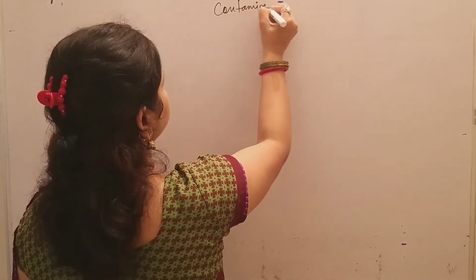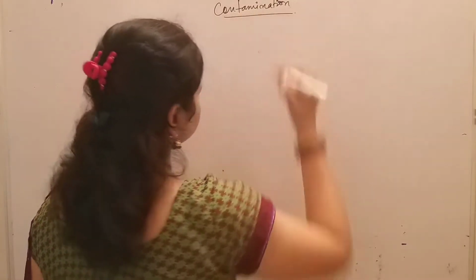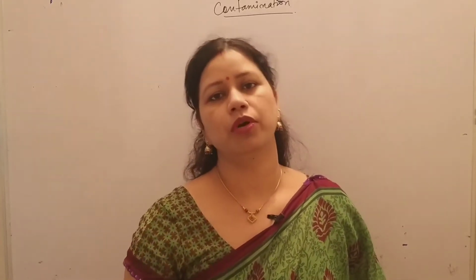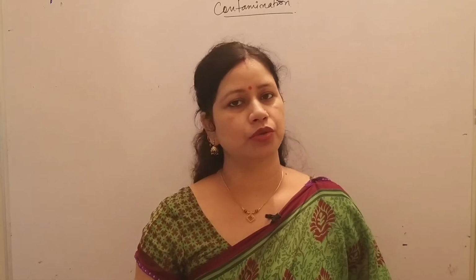Contamination in animal cell culture. There are some points which I am going to discuss. The first point is, what are the basic sources of contamination? It is very important to understand the basic sources of contamination.